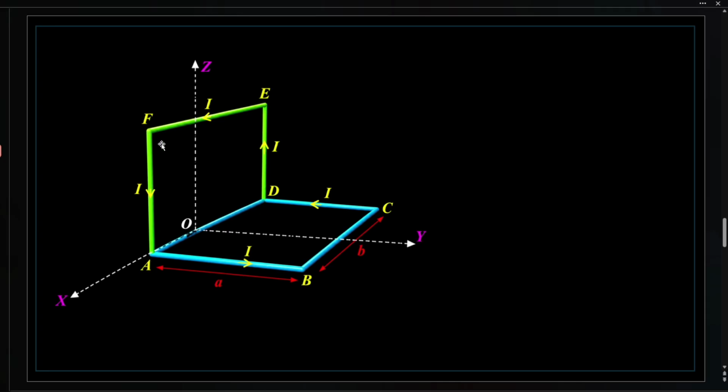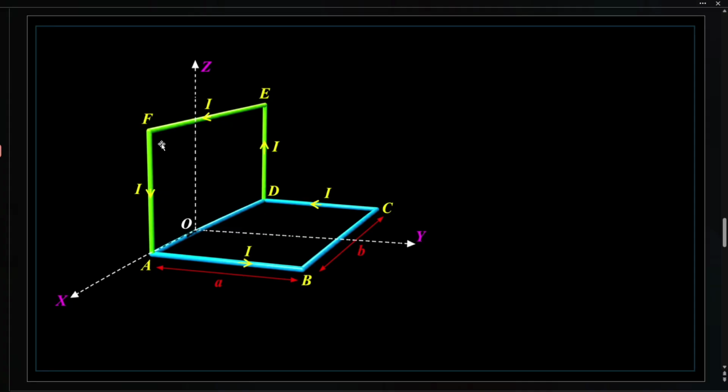Then find the resultant of those two area vectors, and that resultant is the area vector of the whole loop. Now if you multiply the current with the resultant area, you will get the magnetic moment. So that is the way you have to solve this question.